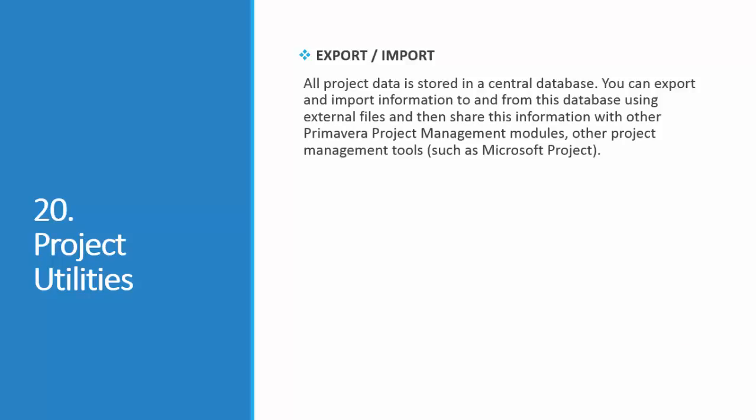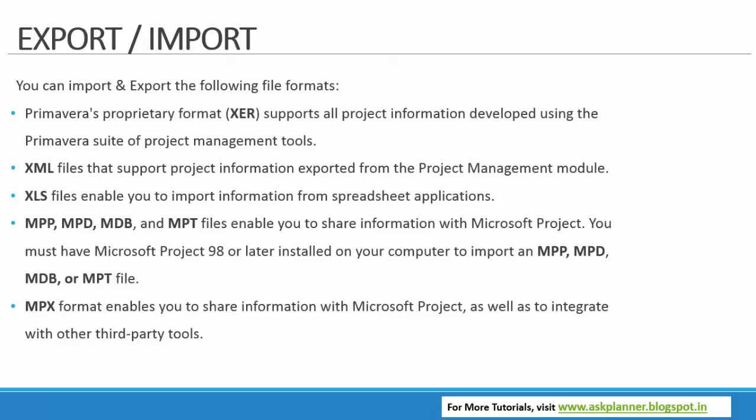Project utilities are nothing but you can import and export information to and from this database using external files, and then share this information with other Primavera project management modules. Other project management modules include Microsoft Project. Export import.